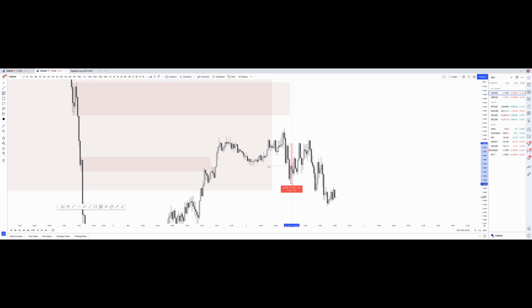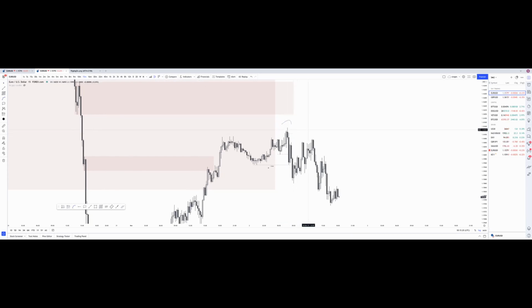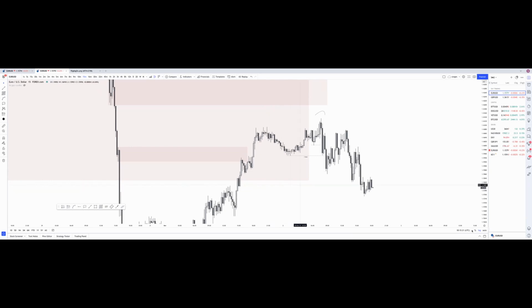So what's that? 480,000 lots there. Are they going to let that get taken out? Most likely not. So that high becomes the failure of this correction, so we can just trade away from that.